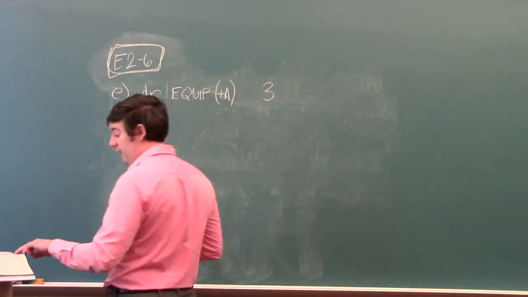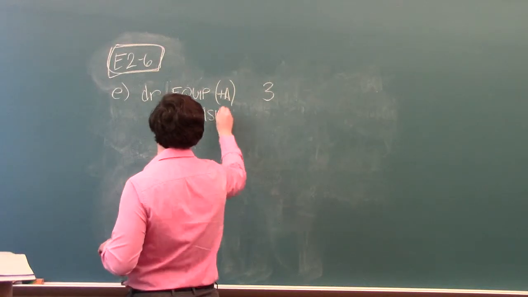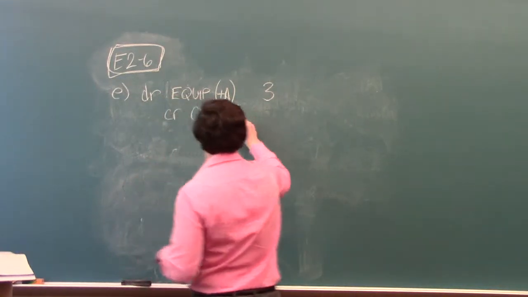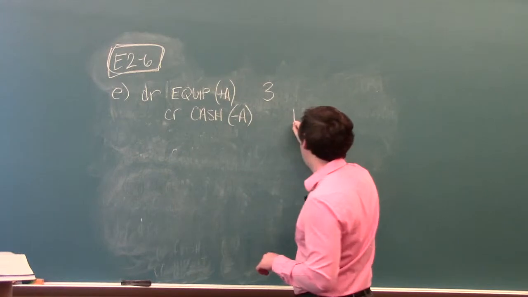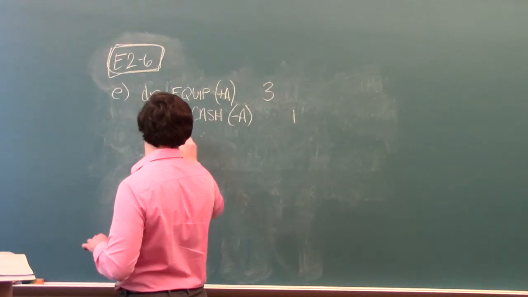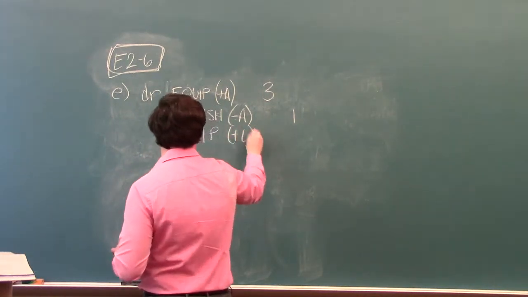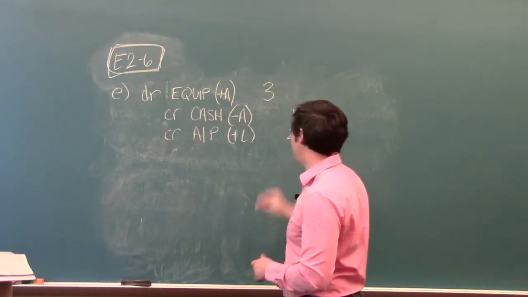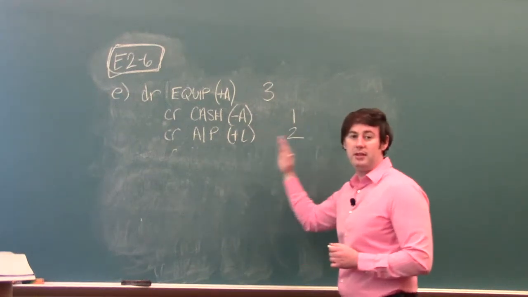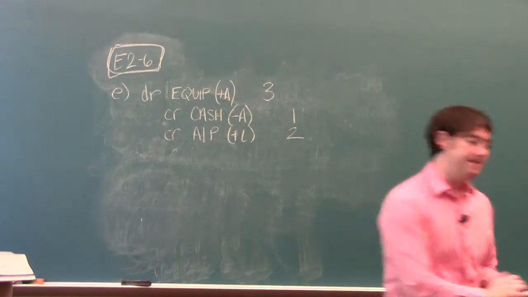And then we paid 1,000 in cash, so we will credit cash. It's minus on the asset here, 1,000, and then we charge the rest on account, so we'll credit accounts payable, and that's a liability, so we'll plus the liability, and that is 2,000. Accounting equation still balances, we're still in check. Please let me know if you have any questions. Thanks.